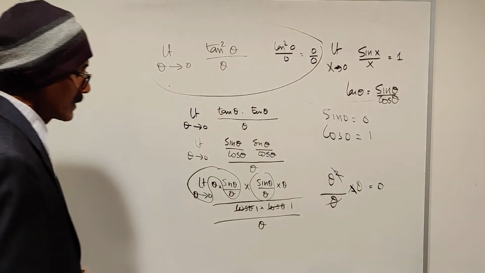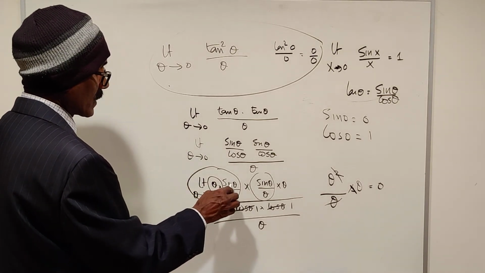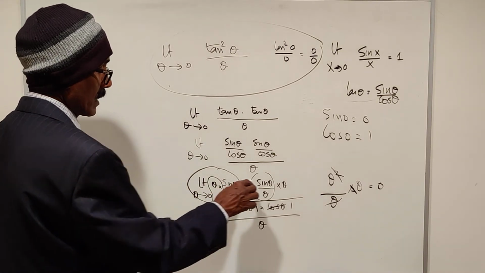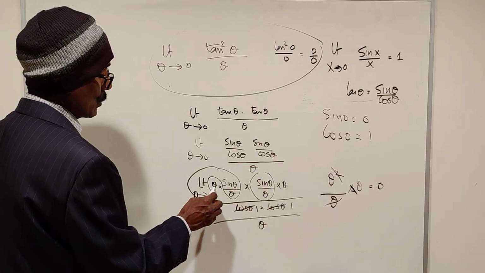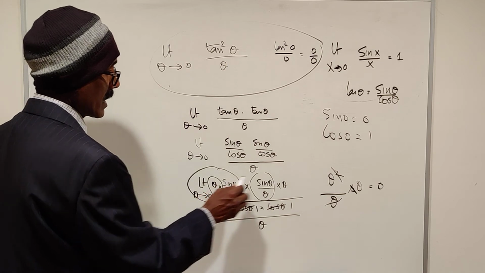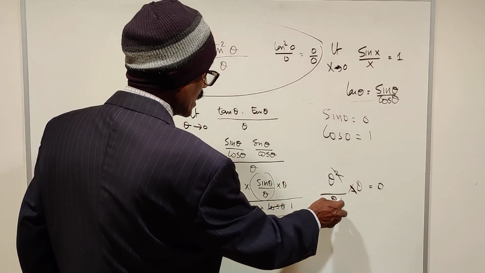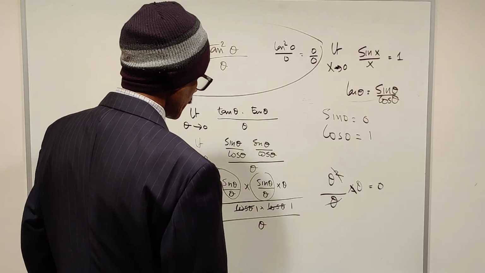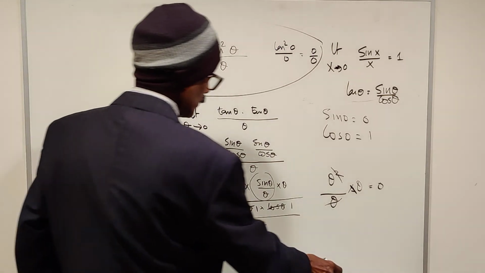See, this one is a little complicated. So limit theta tends to 0, sin theta by theta is 1. Sin theta by theta is 1. There are two theta times theta, right? So theta square. Theta square by theta, one theta you can cancel out.